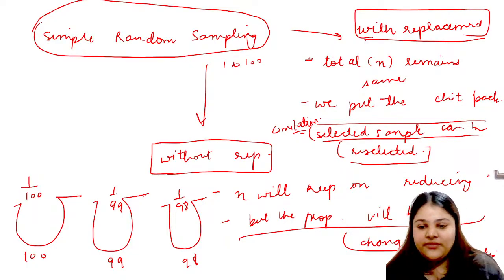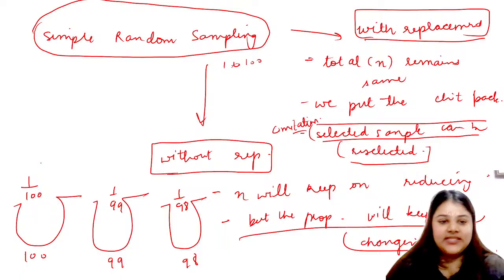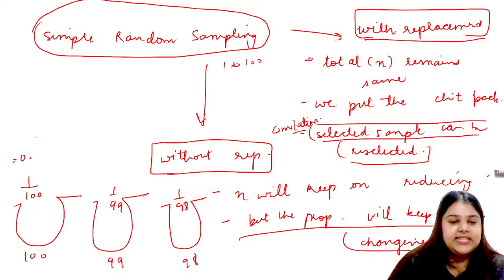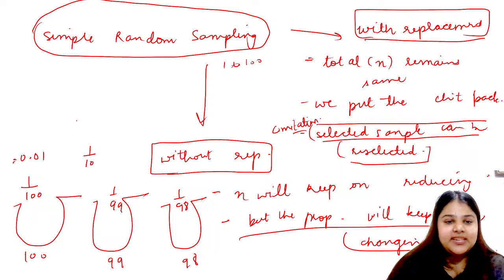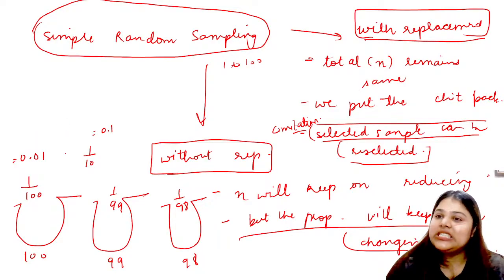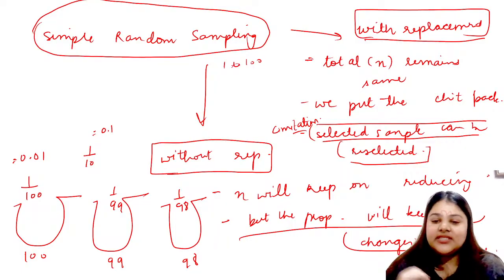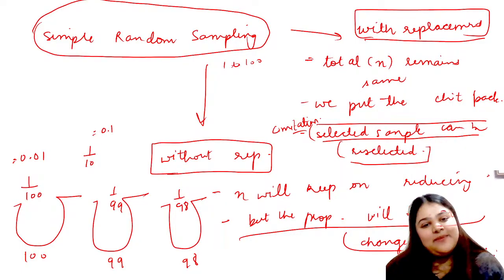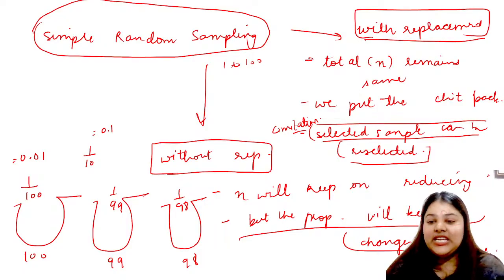For example, when there were 100 participants, the chance of getting selected was 0.001. But when maybe only 10 participants are remaining, it will be 0.1. Right? So the chances of getting selected will keep on increasing. That is why we are saying that equal chance is not there. Once a person is selected, the chance will keep on increasing for each participant. Clear, Arshia? Why is that a limitation?